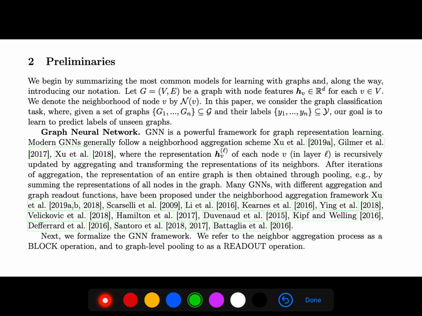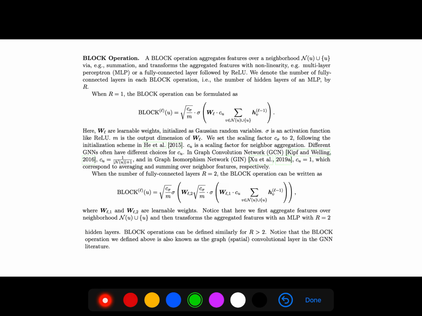So we formalize the GNN framework and we refer to the neighbor aggregation process as a block operation and to graph level pooling as a readout operation. So this is the block level operation, the aggregation, because it aggregates features over the neighborhood, summation for example, and transforms the aggregated features with nonlinearity.